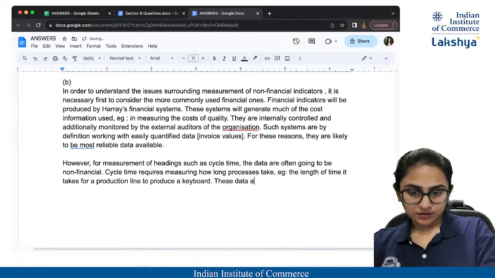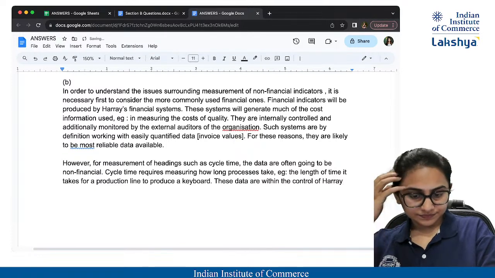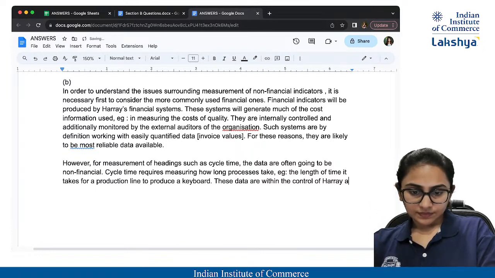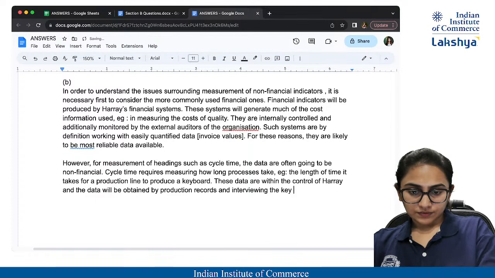These data are within the control of Harry, and the data will be obtained by production records and interviewing the key personnel.